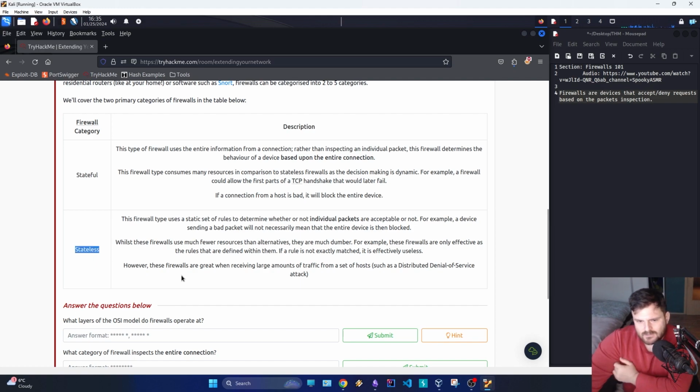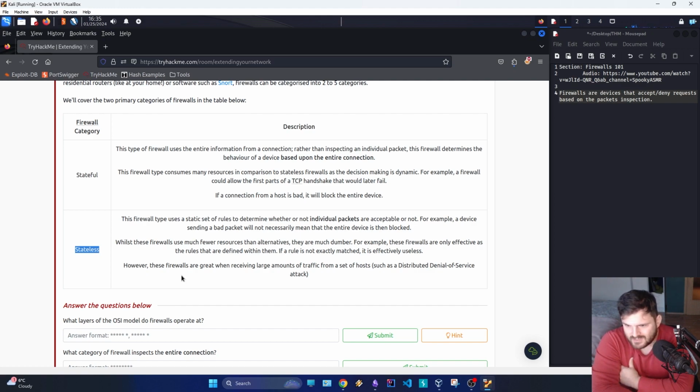A stateless firewall means that this firewall type uses a static set of rules to determine whether or not individual packets are acceptable. For example, a device sending a bad packet will not necessarily mean that the entire device is then blocked. While these firewalls use much fewer resources than alternatives, they are much dumber.